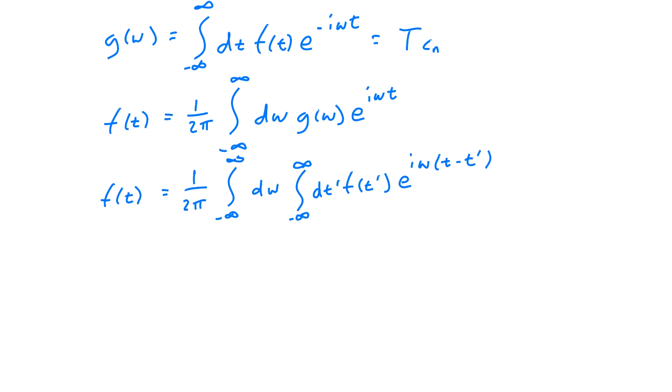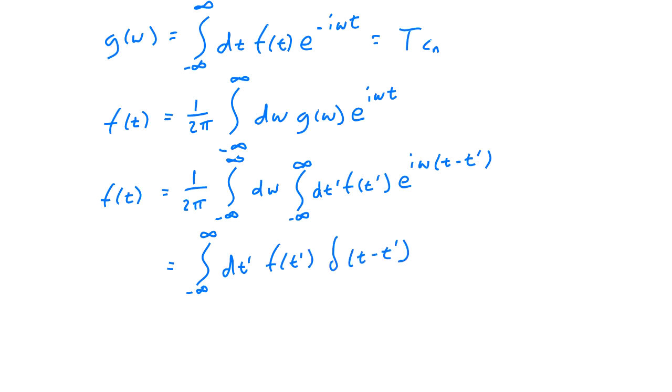So all I did here was I just combined the two exponential terms, so we just had one to deal with. And since f of t should be the same as f of t prime, if t prime is equal to t, then this is the same thing as saying that we're just integrating from minus infinity to infinity dt prime of f of t prime times a delta function (t minus t prime).